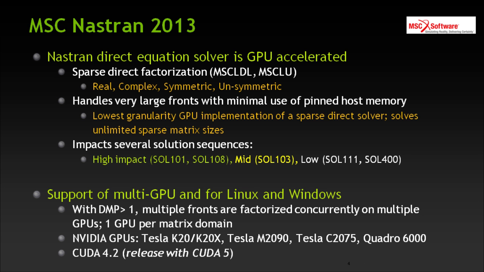Now, here is the status of what you're going to see when MSC Nastran comes out. MSC Nastran 2013 comes out pretty soon, middle of the year. The Nastran direct equation solver is GPU accelerated. Nastran has two direct solvers referred to as MSCLDL, which is the symmetric, and the MSCLU, the unsymmetric part, and both of these are GPU accelerated. The unique thing about this implementation is that it supports all data types: real, complex, symmetric, and unsymmetric cases of the sparse matrix factorization.